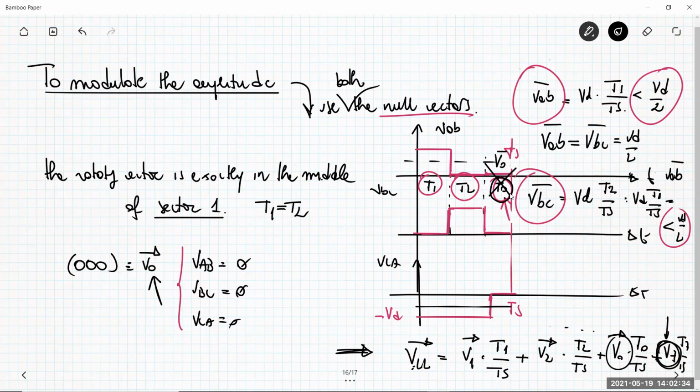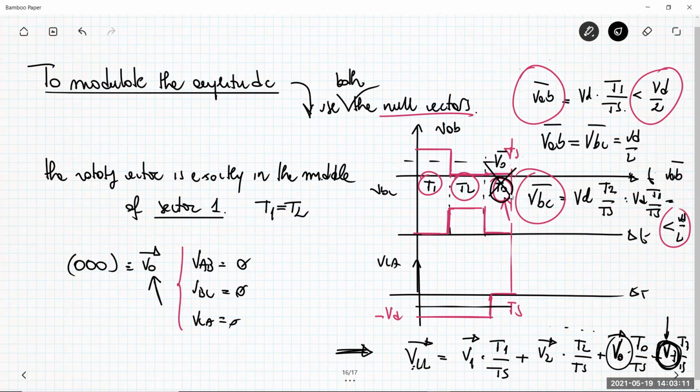Because this makes it possible to have more symmetries in the waveforms, and Fourier likes symmetries in order to eliminate some harmonics. So using V7 and V0 for modulating the amplitude is a means by which I can reduce the harmonic content at a higher frequency. This is a possibility that I can exploit and that you cannot have in the linear pulse width modulator.